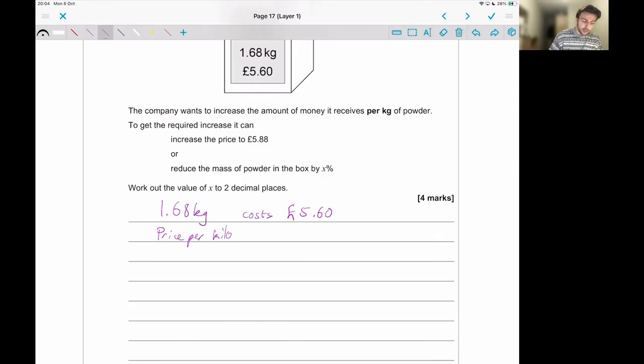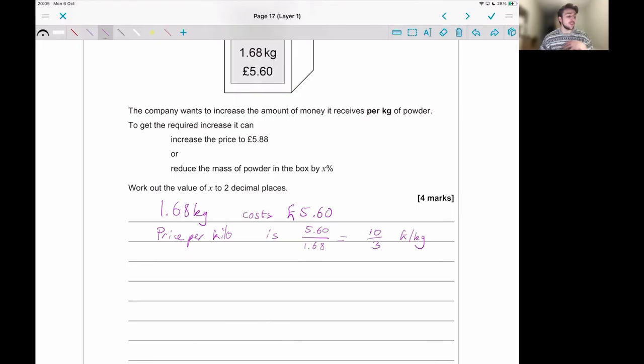The price per kilo currently is £5.60 divided by 1.68, which your calculator will tell you is 10 over 3. I'm going to leave it as a fraction because I like it being exact. So it's 10 over 3 pounds per kilo. Actually, let me double check: 5.6 divided by 1.68. Yes, 10 over 3. So we've got 10 over 3 pounds per kilo.